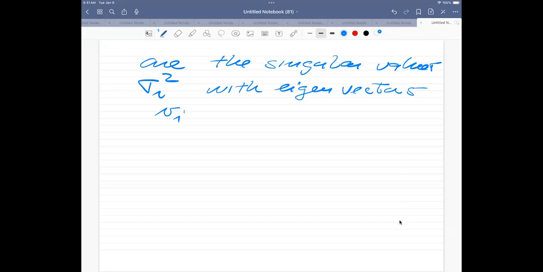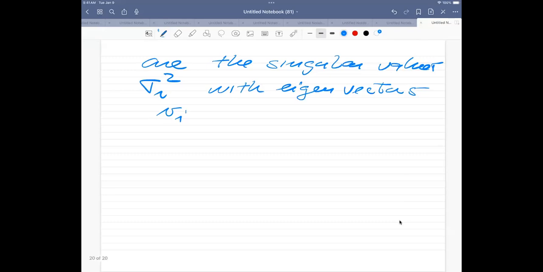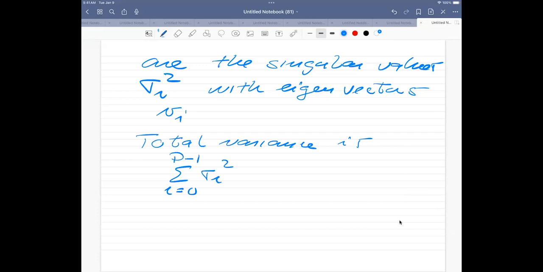So what we are going to look at now is the sum over the total variance. So I'm taking the variance of all the features, which is the sum over all these variables sigma_i squared, from i equals 0 up to p minus 1.